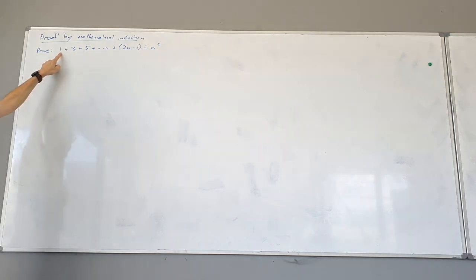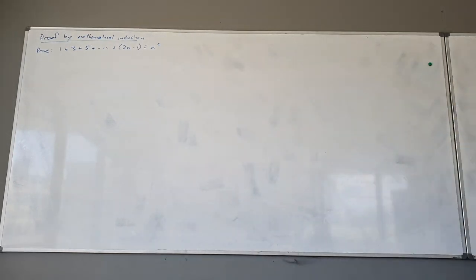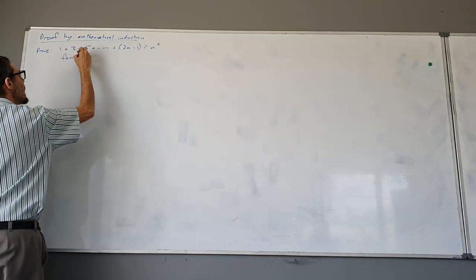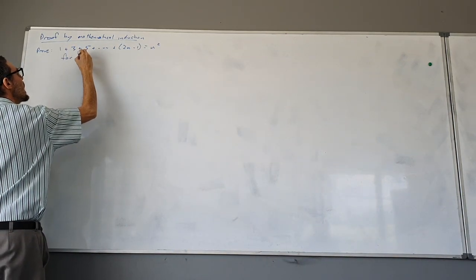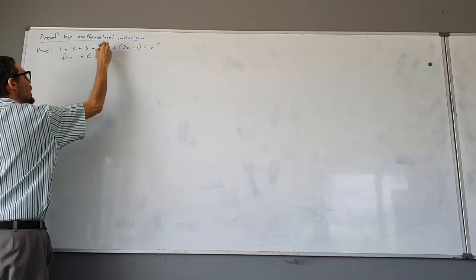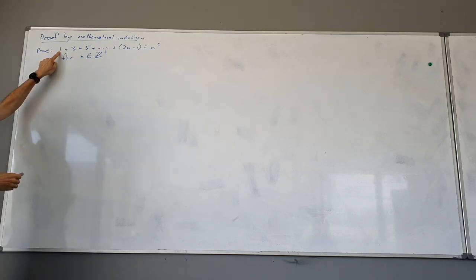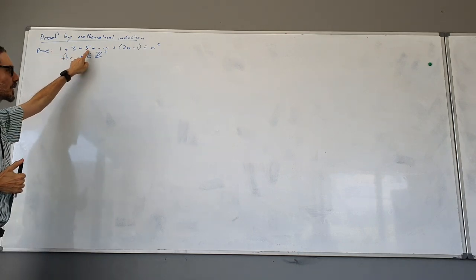It is, right? The statement of my proof should tell me for all n in Z plus, which means we're starting at 1. First term, second term, third term, etc.